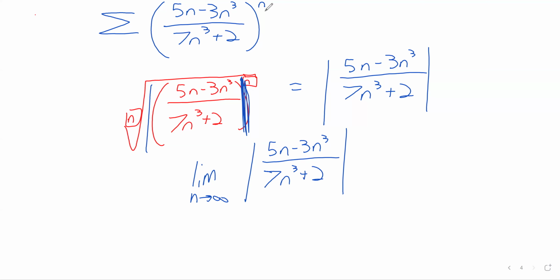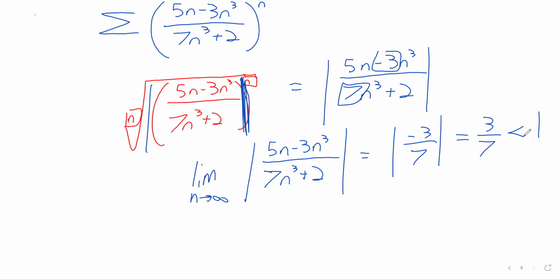Because these degrees are the same, the horizontal asymptote is gotten by dividing the leading coefficients. 3/7 is less than 1. This converges again.